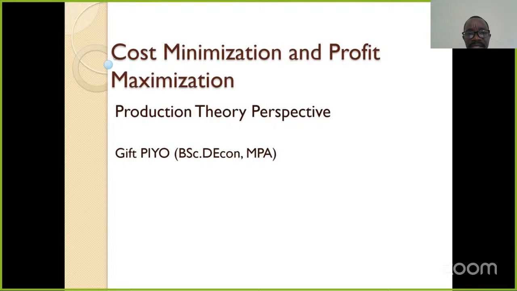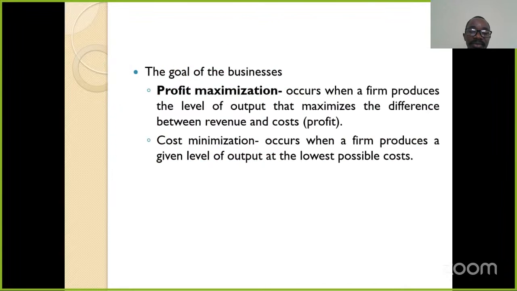So in today's lecture, based on production theory, we will be talking much of the businesses that are into production. Before we begin, let's try to answer two questions. When and how do businesses achieve cost minimization and profit maximization?